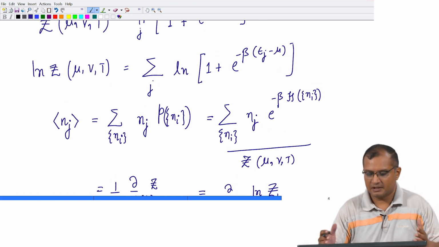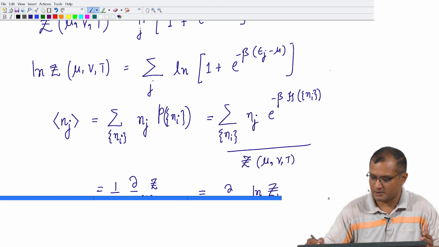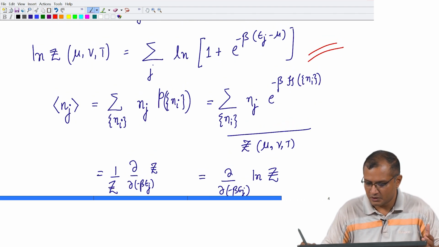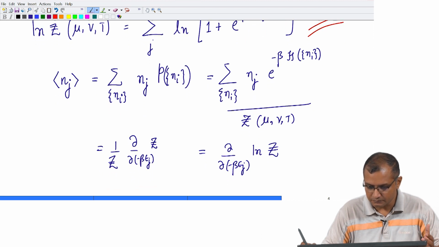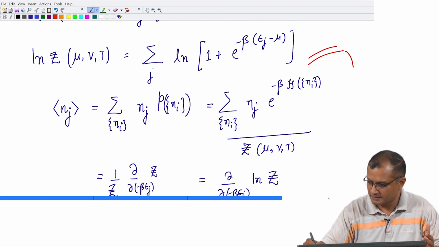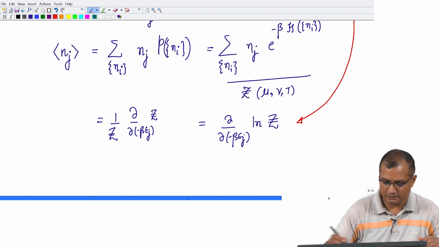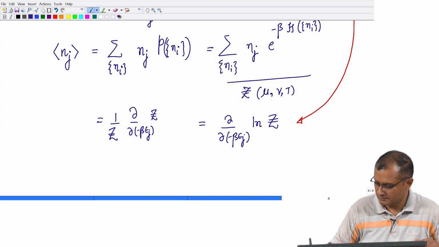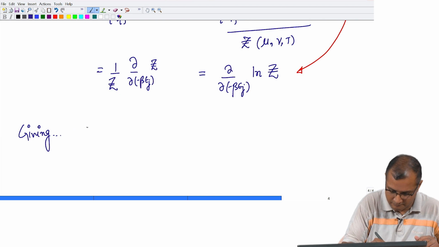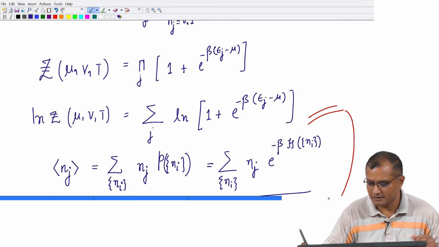But now I will use the derivation of the partition function in the system of fermions. So, I am going to use this expression for ln z, plugging it in. That is my left hand side, and please look at ln z here.